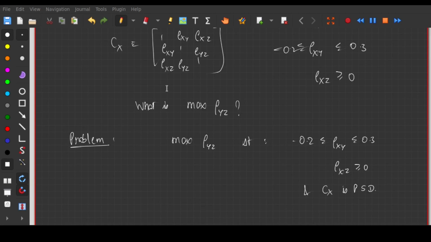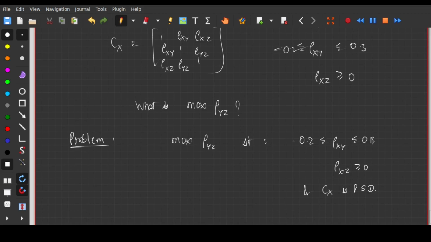Okay, now what do we want? We want some constraints. Okay, and what are all the constraints in this case? C 0 1. So rho xy is C01. It's between 0.2 and 0.3.